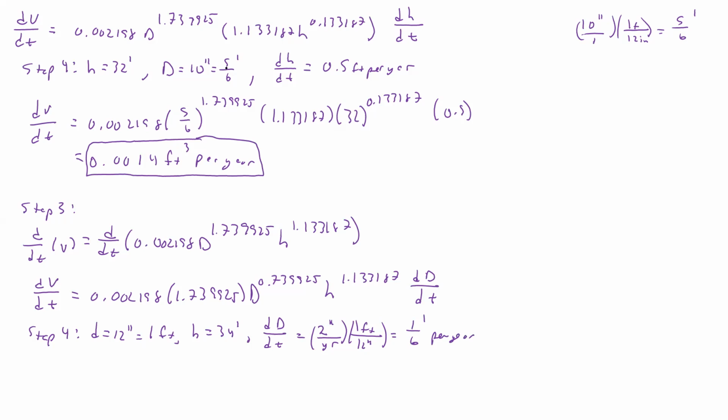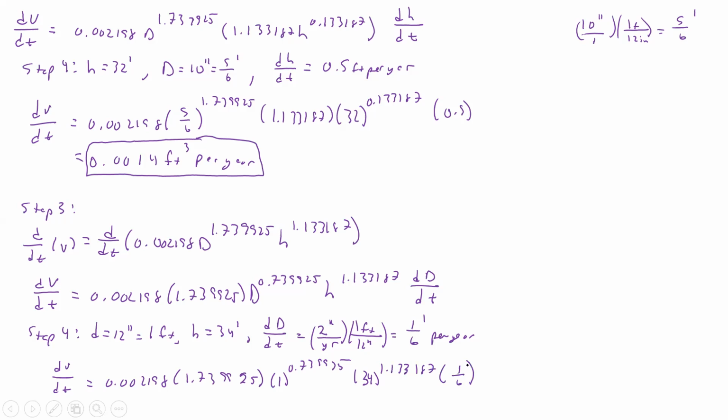Okay. So now we can plug it into that equation again, just like we did before. Now dV/dt is equal to 0.002198 times 1.739925 times D, which is 1, to the 0.739925, and then times H, which was 34, to the 1.133187. Now times, and we have our 1/6.